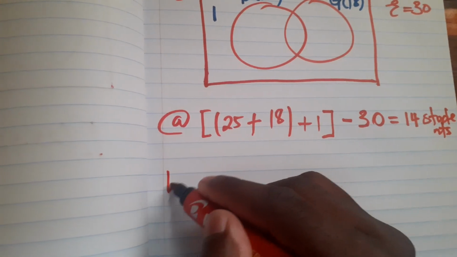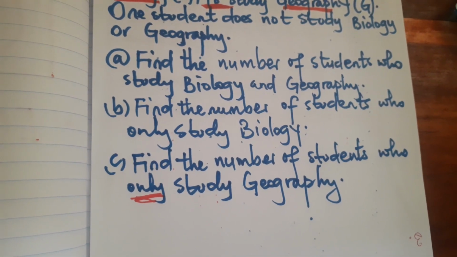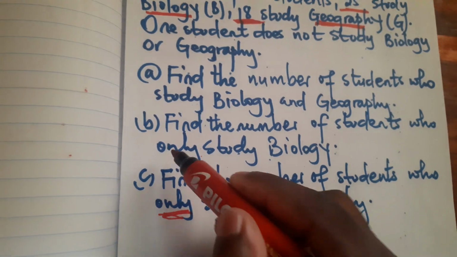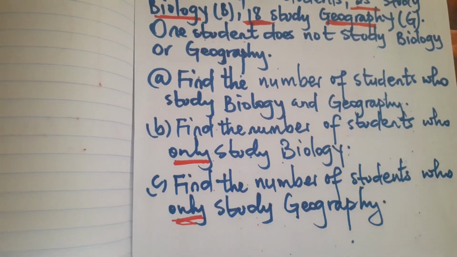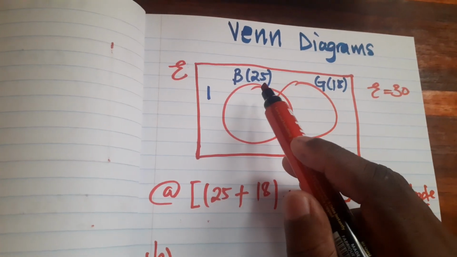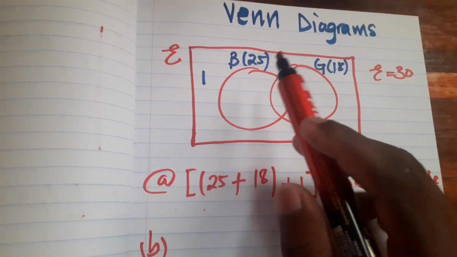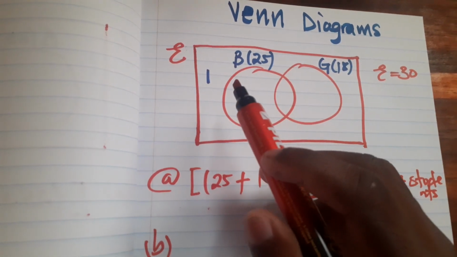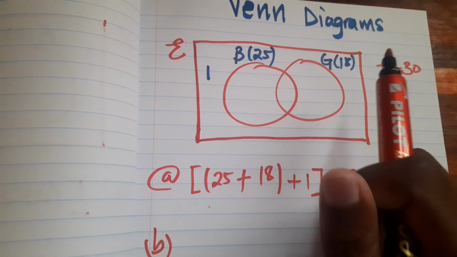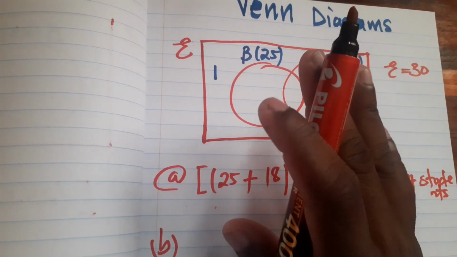And then letter B, the question says, find the number of students who only study biology. Now, of the 25 students, there are some that are doing biology and geography, and there are those that are doing biology only. Their total is 25.